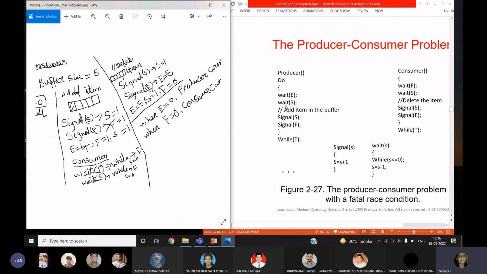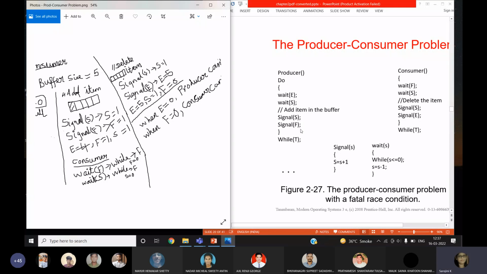Okay. Then another one: both producer and consumer, before going inside the buffer, make the S value 0. Both processes, after they have done the deletion or addition of the item in or to the buffer, have to reset the signal value S to 1, because they made it 0.